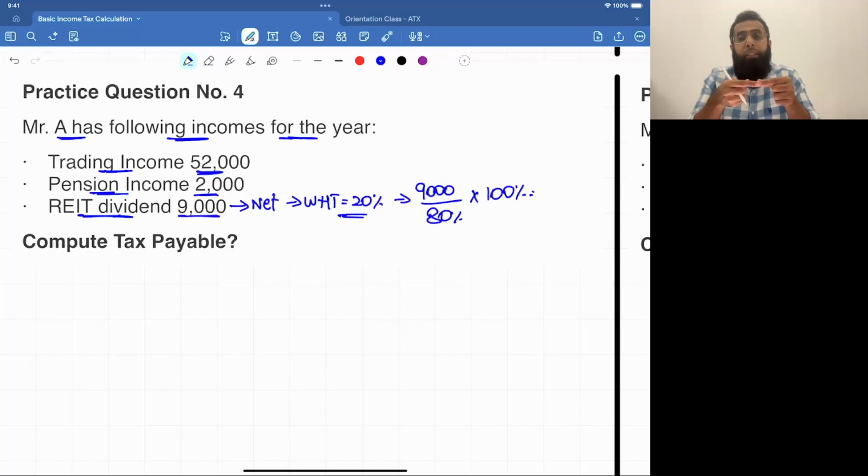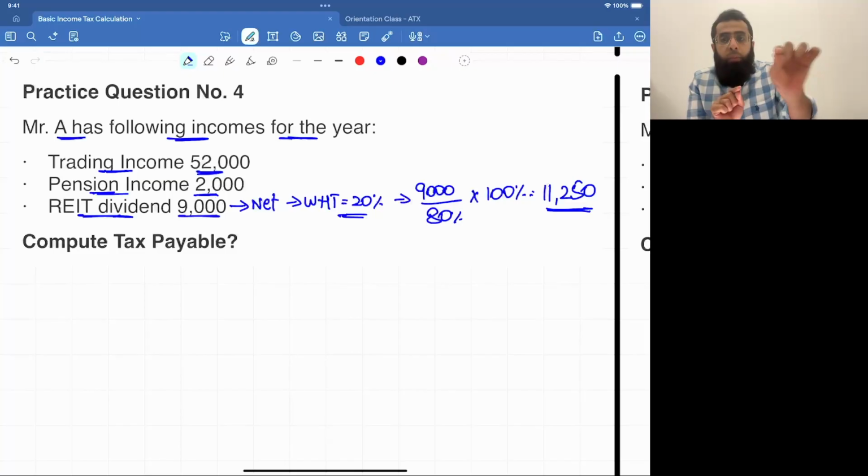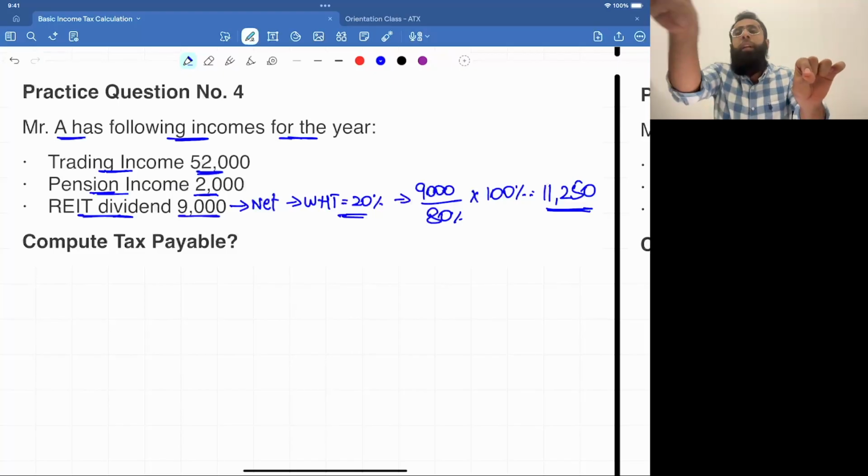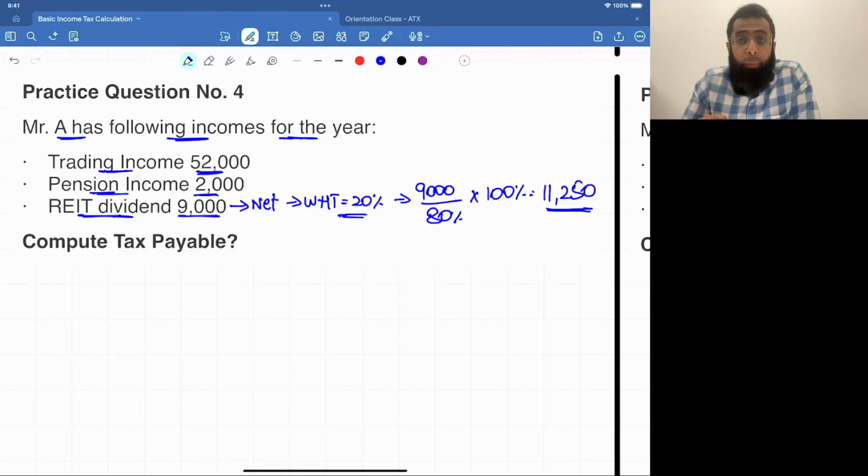It's 80%, because 20% went to the tax department. So if you look at the gross amount of this dividend, it's 11,250 in reality. 9,000, 80% was given to you and 20% was given to the tax department, your advance tax.